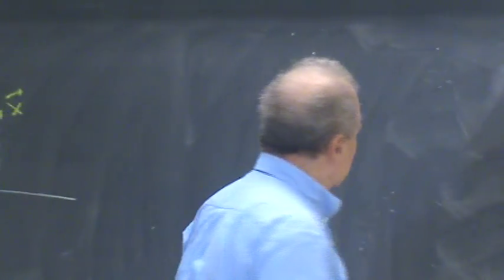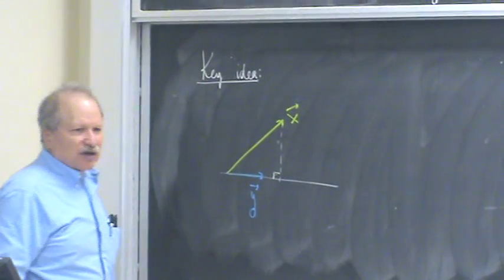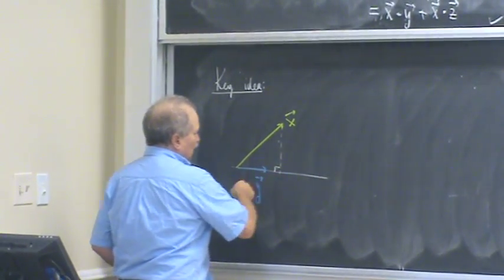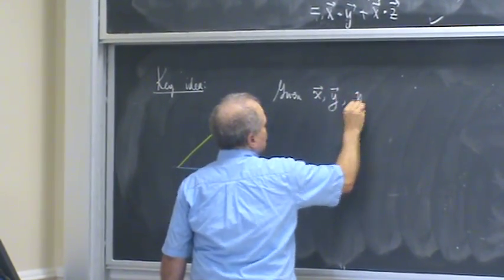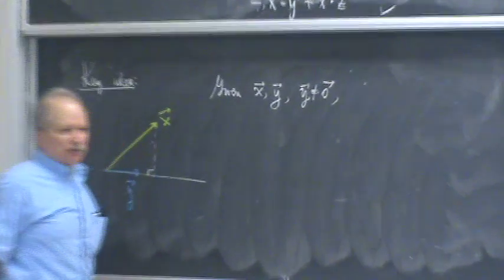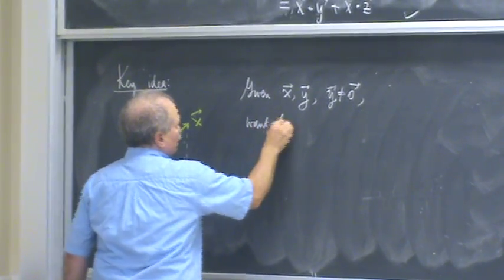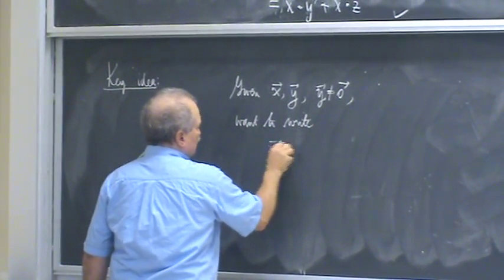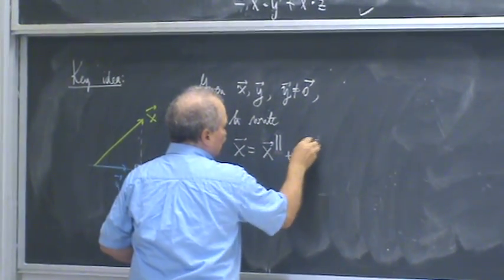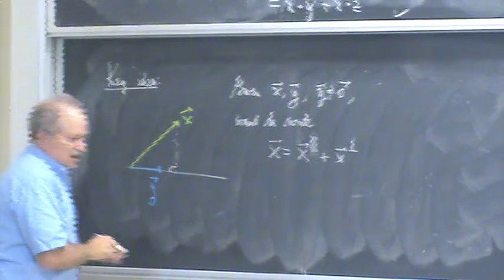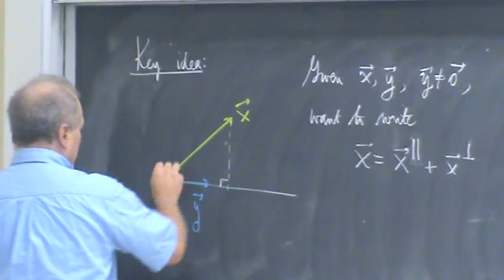So this is relating to some stuff one of you was saying earlier, I've forgotten who, about distance from a point to a line. Given x and y, and let's assume y isn't 0, or else I'm going to get in trouble with what I'm doing here, I want to think about making a right triangle by splitting x into two vector pieces. One piece that's a multiple of y, and one piece that's perpendicular to y.